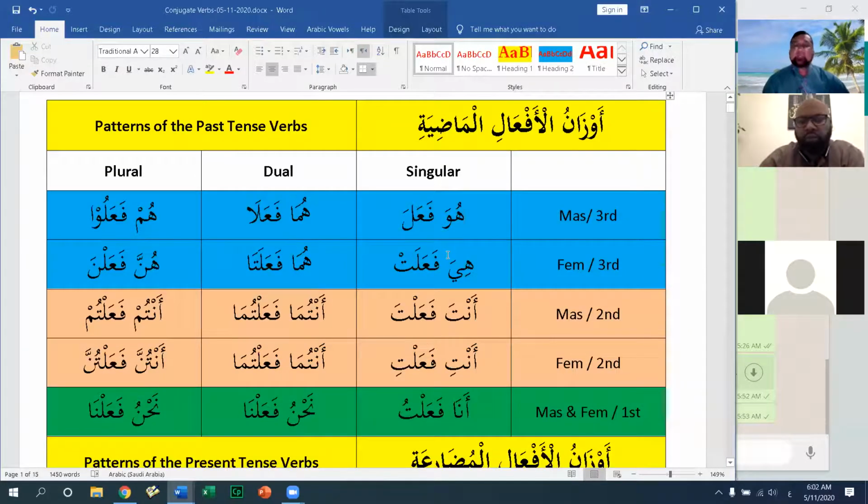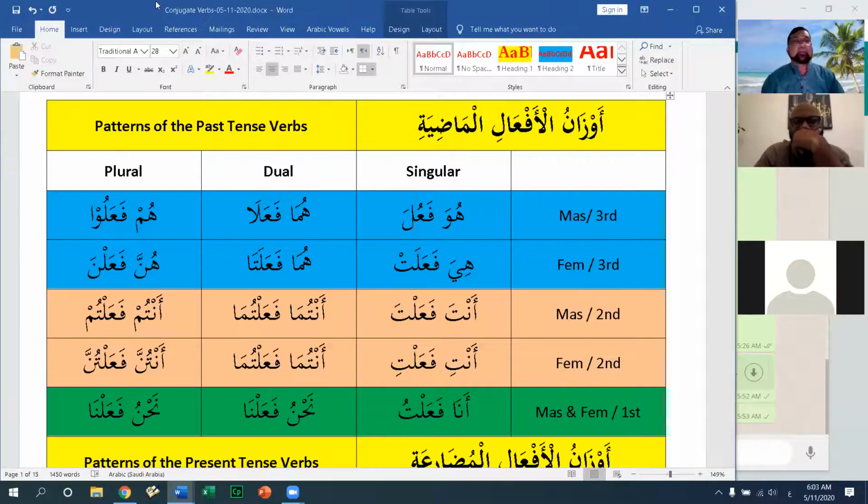And just a quick reminder, what we're dealing with here are called trilateral verbs. So we have 4-letter verbs, we have 5-letter verbs, and we have 6-letter verbs. But here we're only dealing with trilateral verbs on the simple pattern of fa'ala or fa'ila or fa'ula.